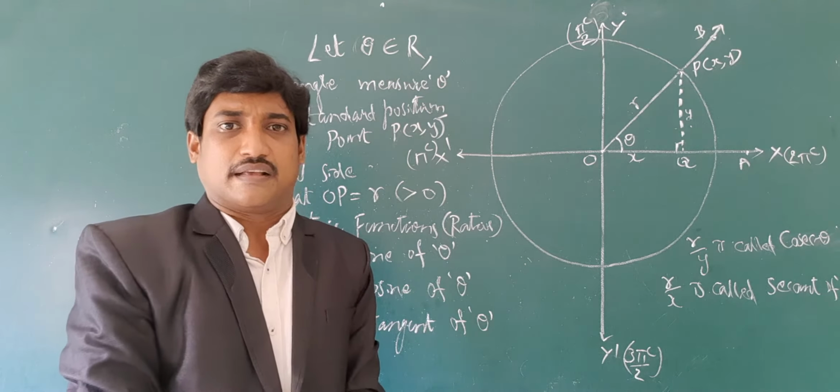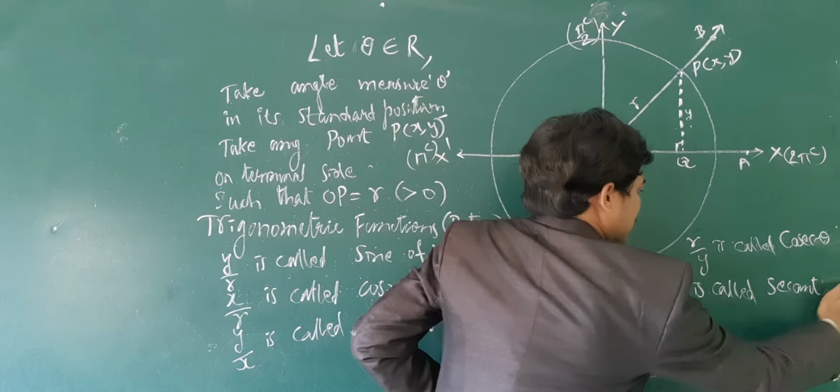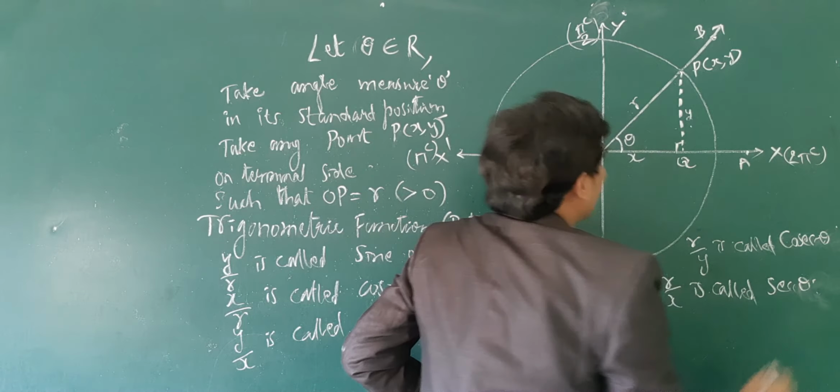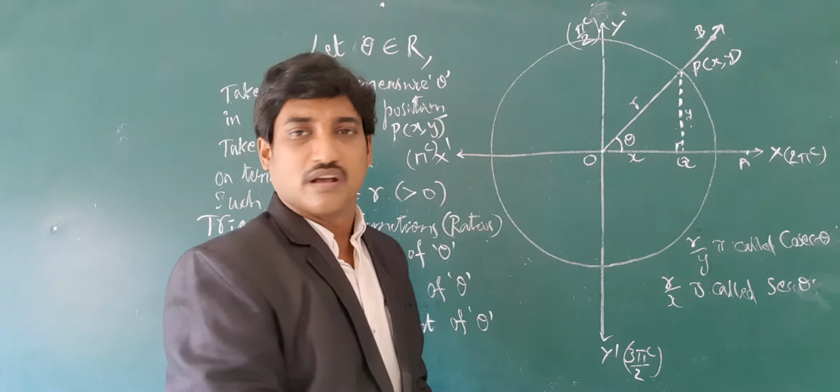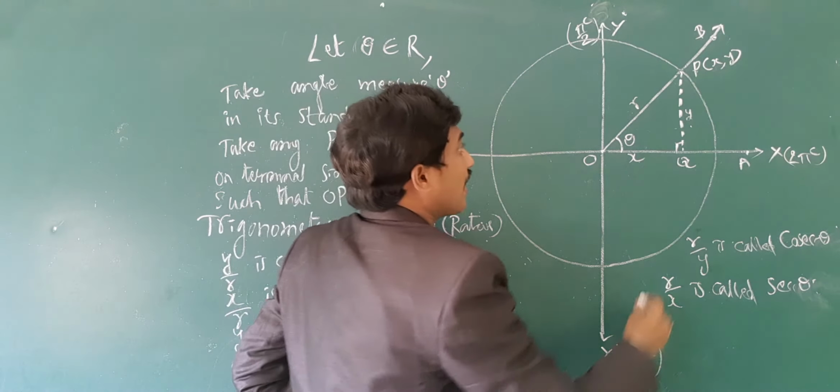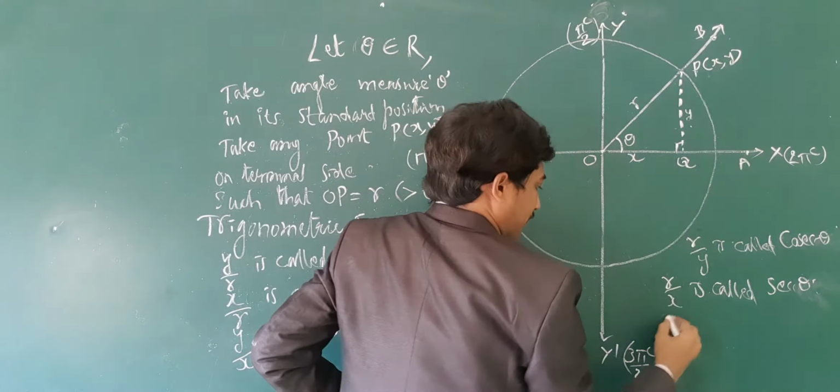Next, x by y, the ratio of the x coordinate and y coordinate, is called cotangent theta.